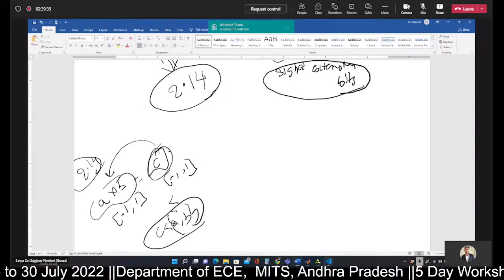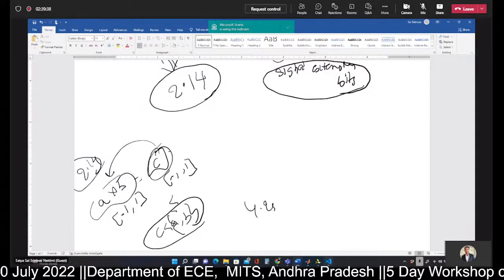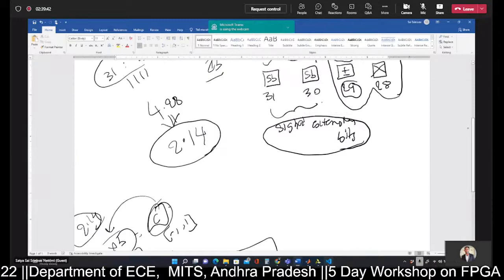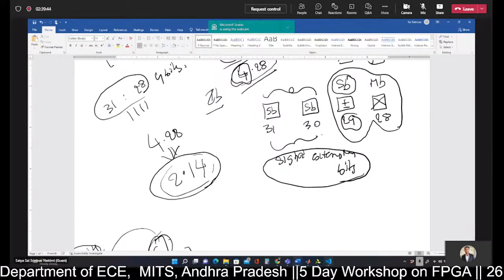But due to multiplication, we end up in 4.28 format. So what we do is scale this 4.28 down and reduce it to 2.14.